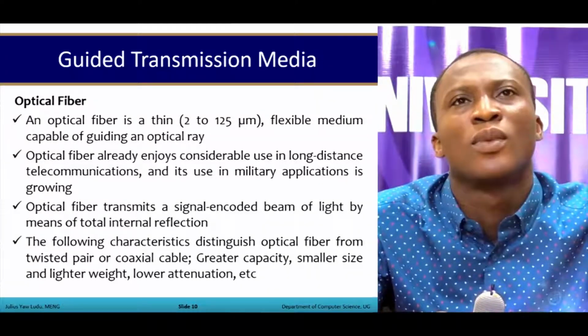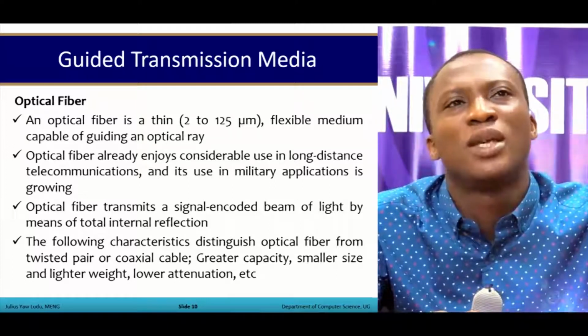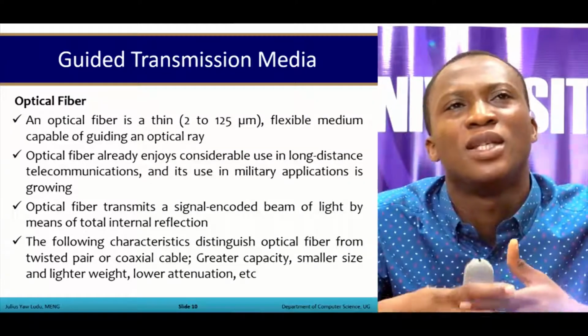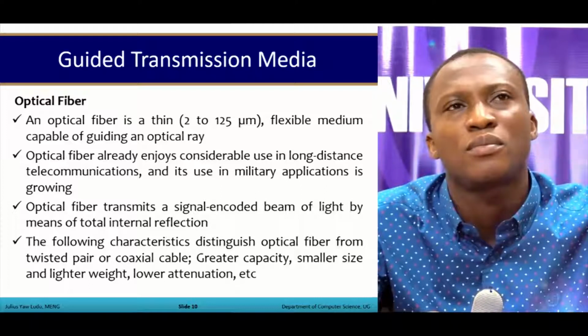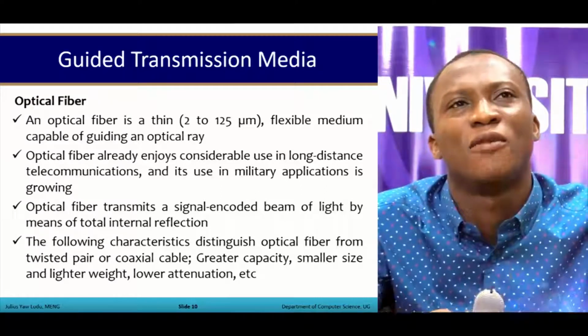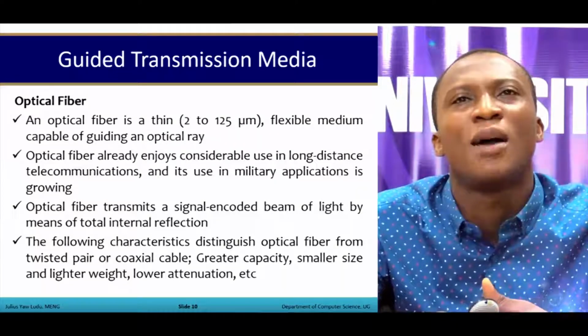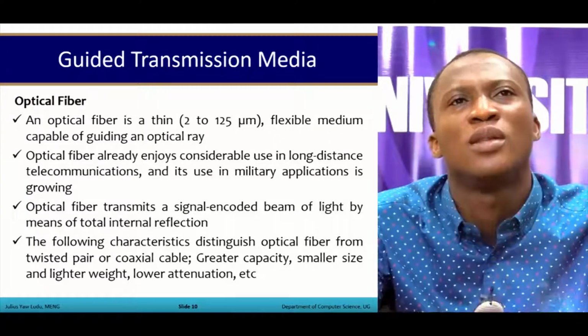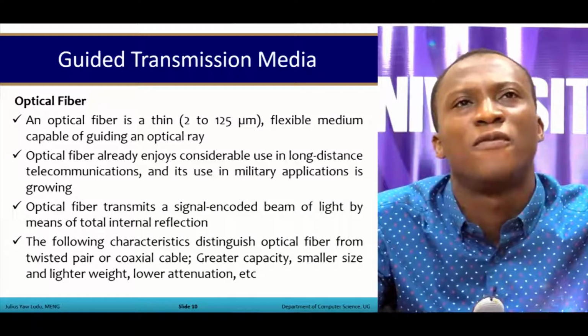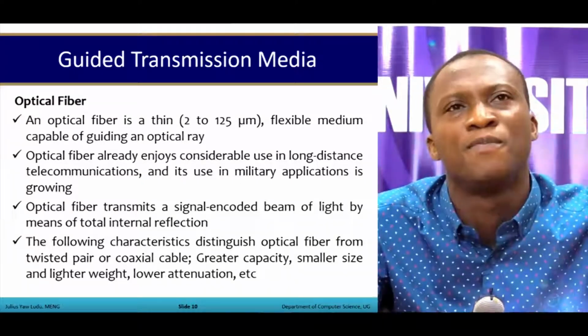Now, its use in military applications is growing over time. Gone are those days when less optical fiber was used; now we see our military giants all using fiber optics for their data transmission.